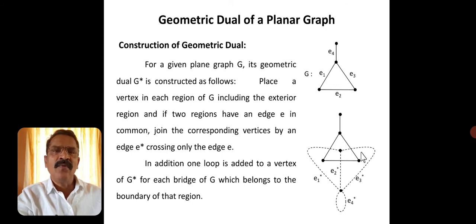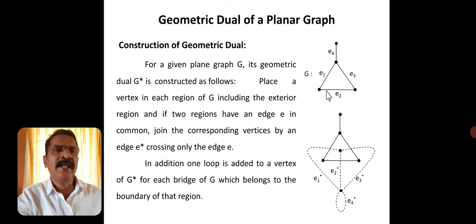Now for a given plane graph G, its geometric dual G star is constructed as follows. What is the procedure? Place a vertex in each region or face of G, including the exterior region. And if two regions have an edge E in common, for example E1, this is an edge which is common between the interior face as well as the exterior face.